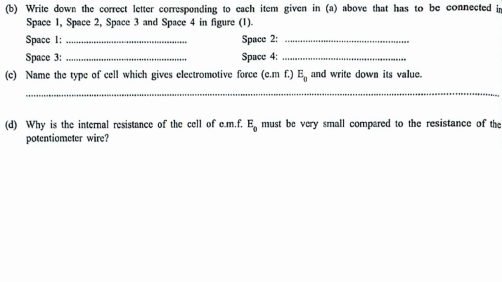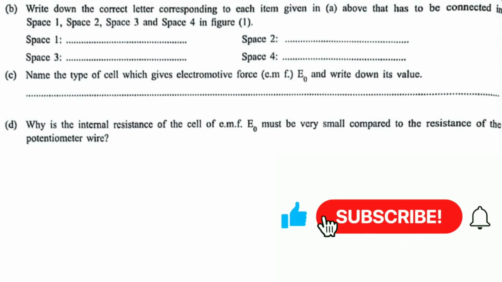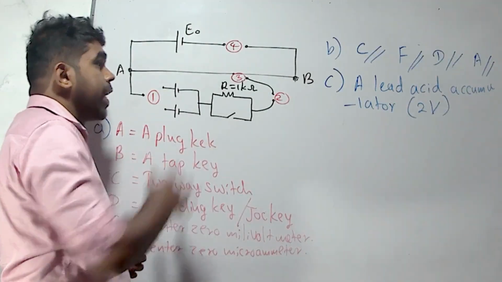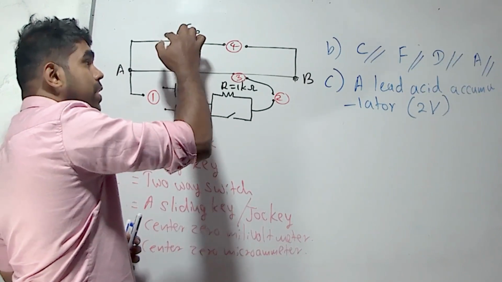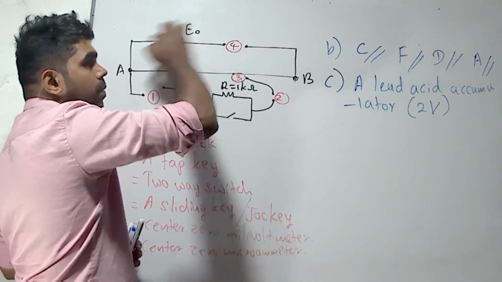Part D. Why must the internal resistance of cell E naught be very small compared to the resistance of the potentiometer wire? When considering the balance situation, we know that there is a current in this loop.